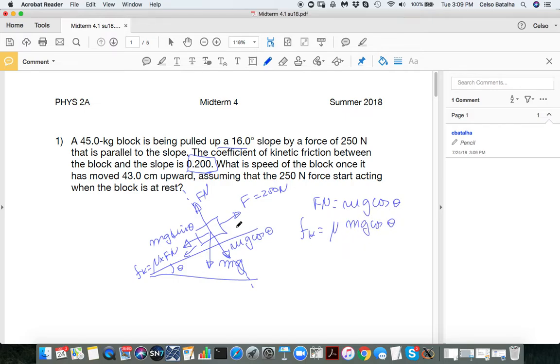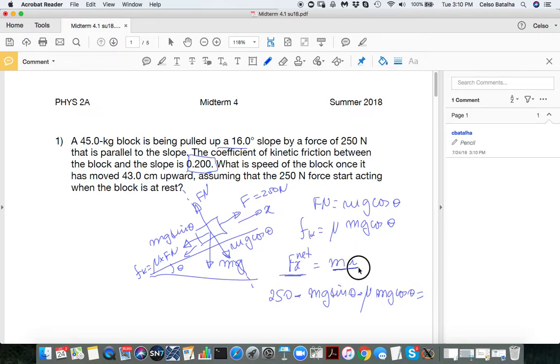And then if you take this as your x-axis, your Fx net is equal to ma. Now you have to populate this part of the equation. So what is Fx net? It equals 250 minus mg sine theta minus that coefficient times the normal, which is mg cosine theta.